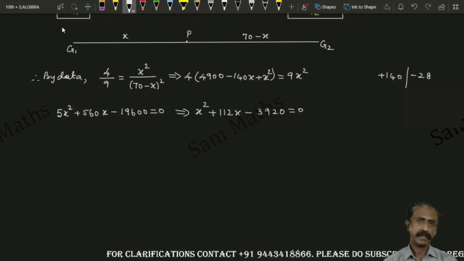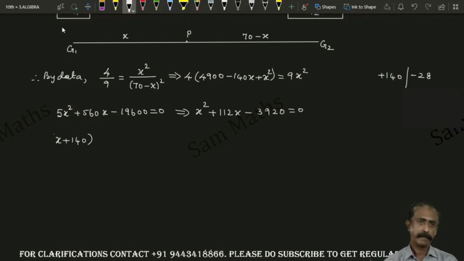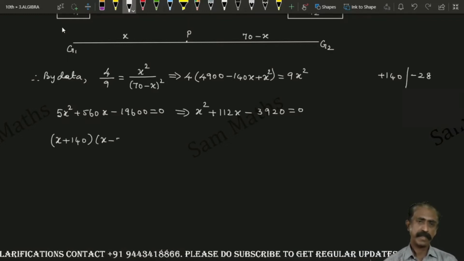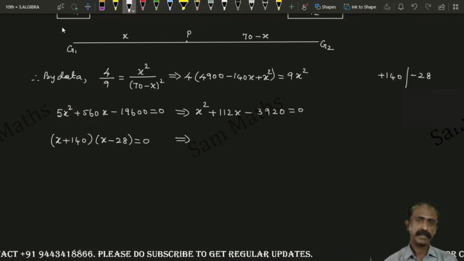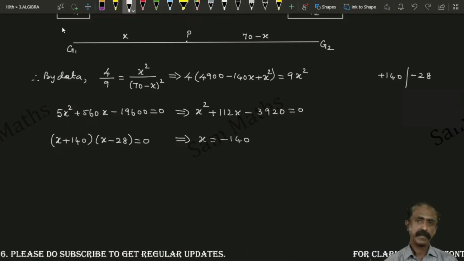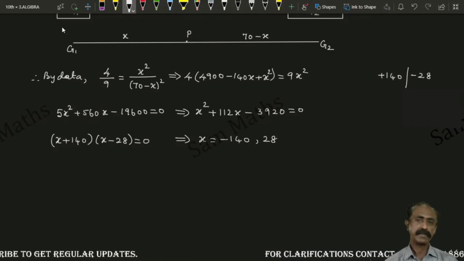Therefore, we can write x plus 140 into x minus 28 equal to 0, which implies x is equal to minus 140 and 28. X is the distance, so it should be only 28.